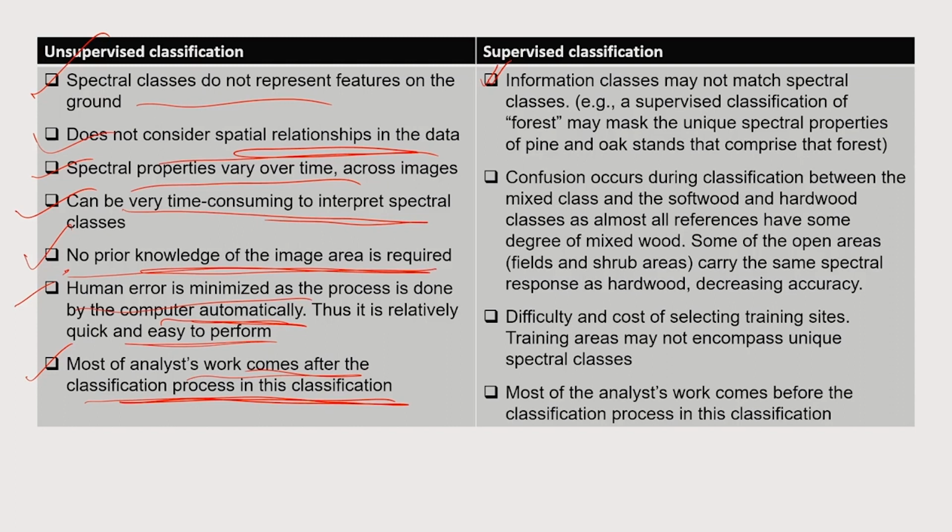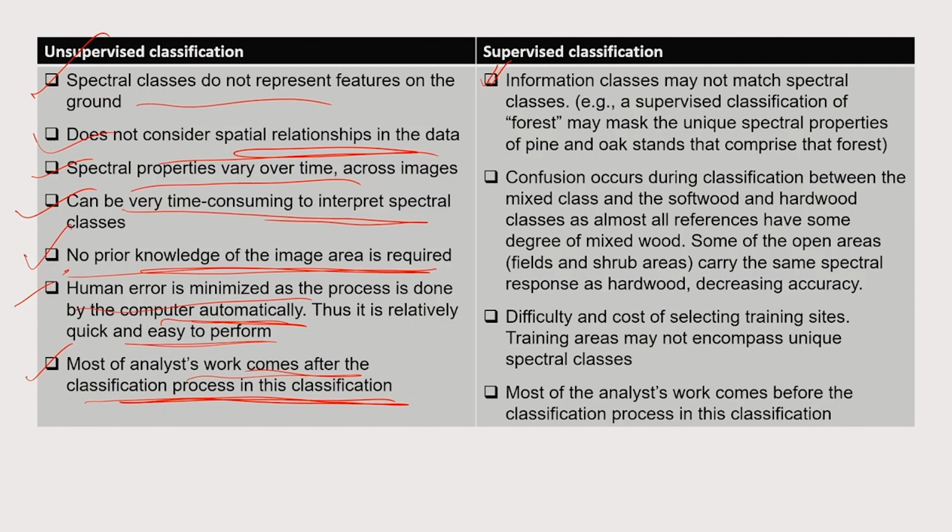Confusion may also occur during the classification between mixed classes and the softwood or hardwood classes, because almost all references have some degree of mixed wood. Some of the open areas will carry the same spectral responses as, suppose, hardwood in the forest.